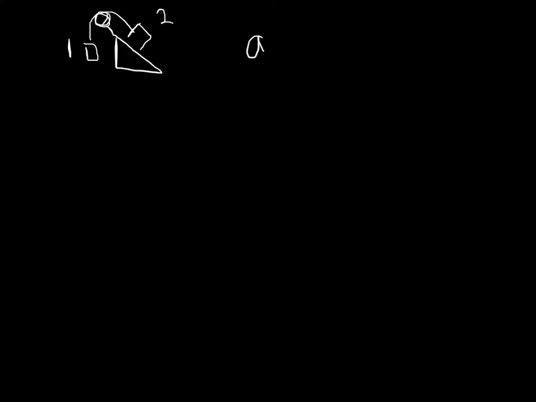Let me say A1 is not equal to A2. Take it a step further, A1 is greater than A2. What happens if this box here is accelerating faster than this box can keep up with it? It's going to fall. But if it's falling faster than this box can keep up with, then it'll break the string.